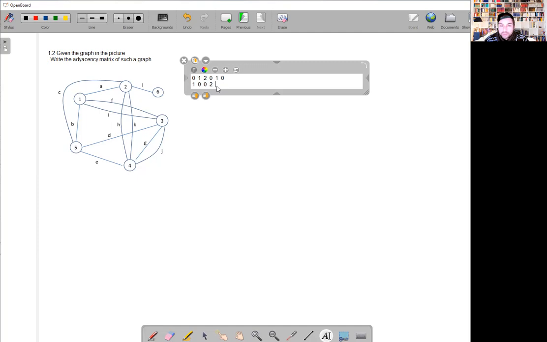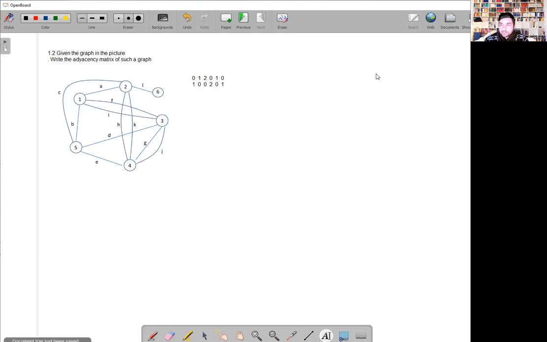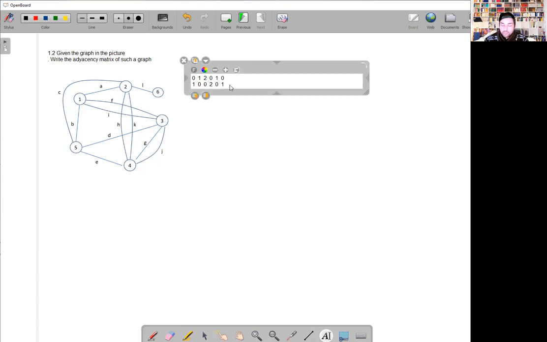Then we have the number of links from 2 to 5, which is 0, and the number of links from 2 to 6, which is 1. Well, we pass to the third row, and we have the number of links from 3 to 1, which is 2.